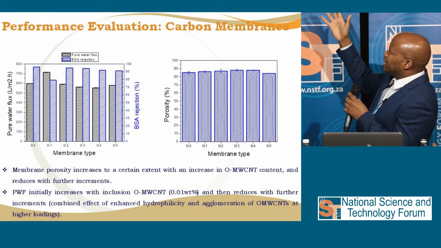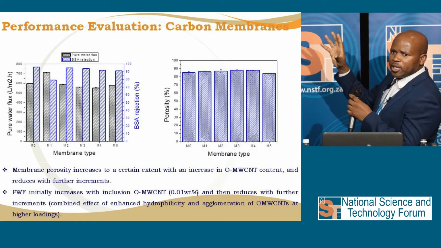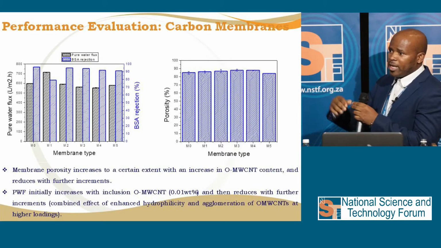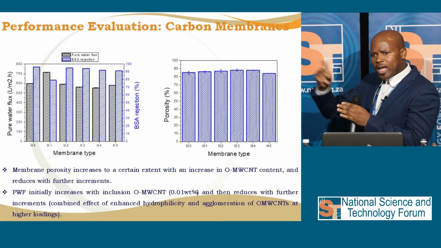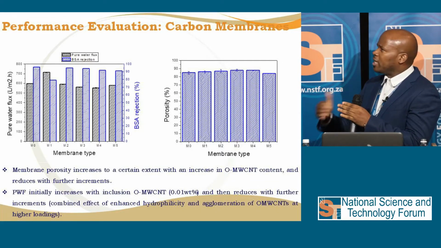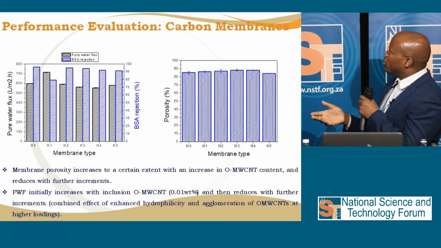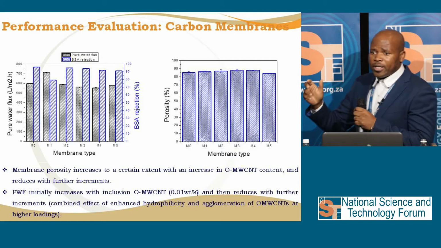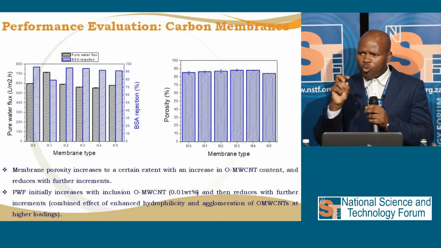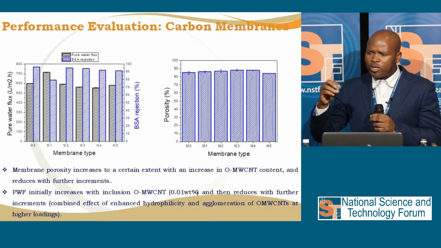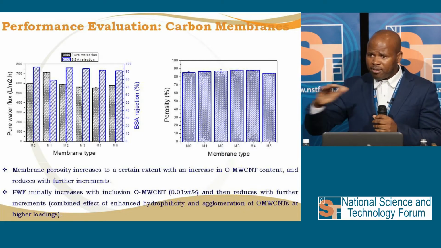And then on the right-hand side, you're looking at something called porosity as well, which is very important, because as the water goes out of the membrane, filtering the unwanted stuff on the membrane, you can look at what the pores are, how many pores, or what is the density of the pores on the surface of the membrane.